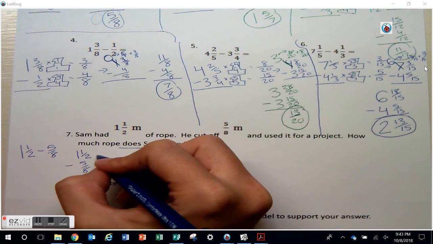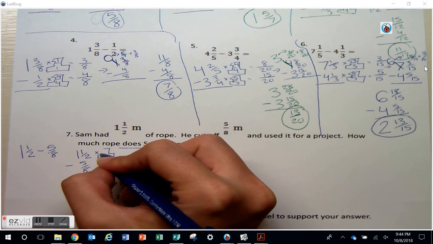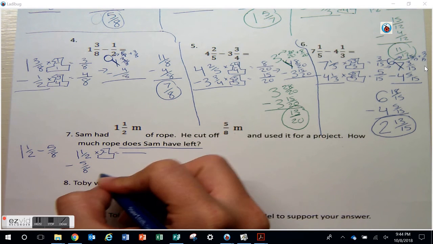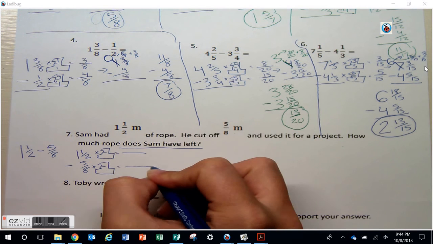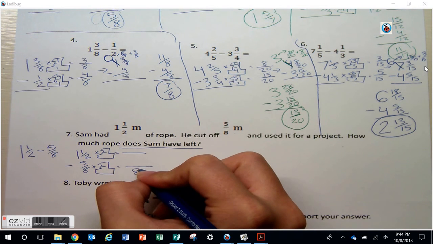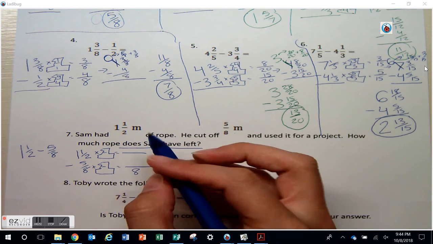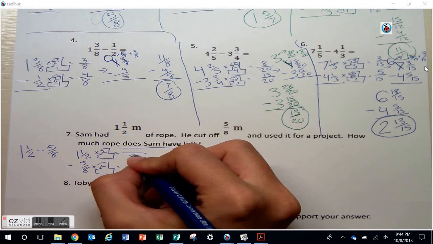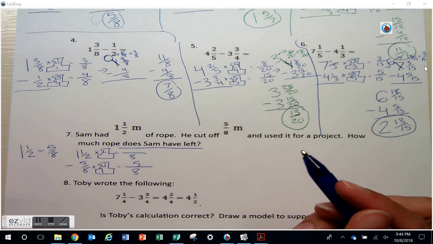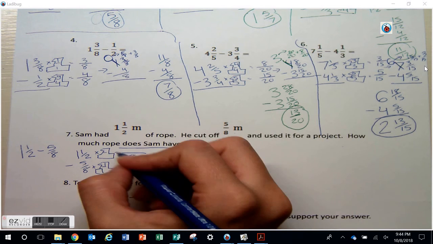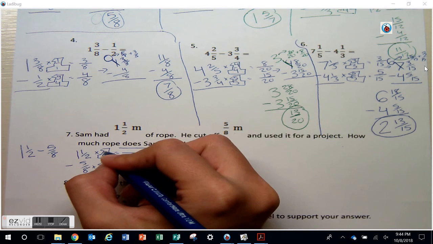We're going to multiply by that giant 1 so we don't change the value of our fraction. And I'm going to have a denominator of 8 because I know 8 can multiply to be 8 and 2 can multiply to be 8. 8 times 1, 5 times 1, we get the same thing. 2 times 4 is 8. 1 times 4 gives me 4.